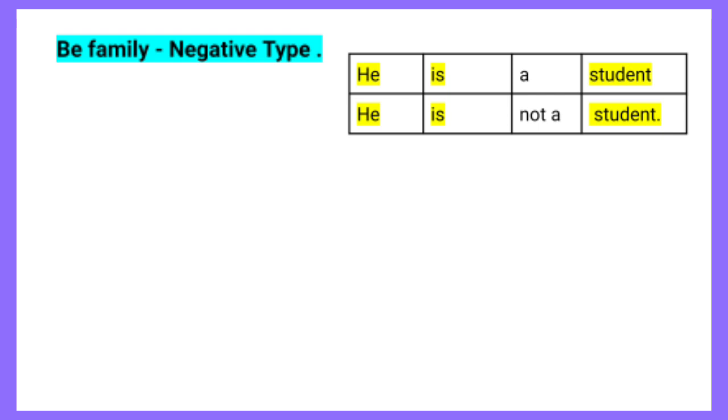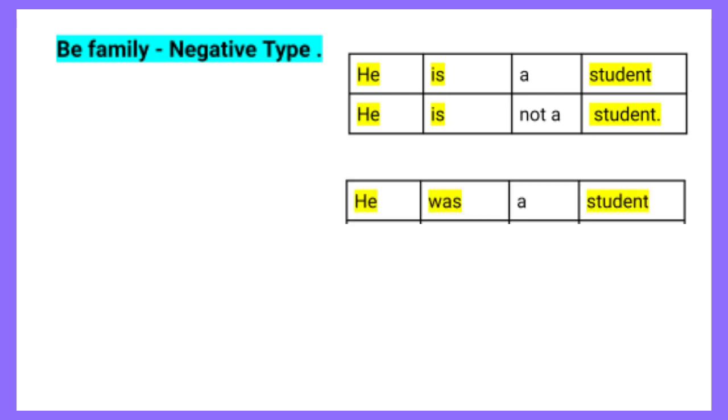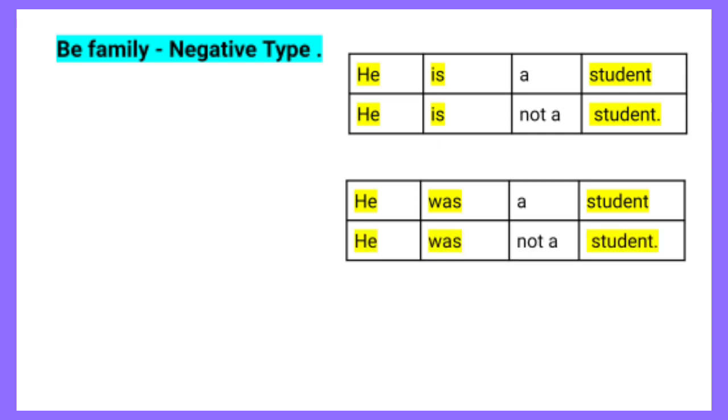Then let's see how the past form will be. He was a student. Can you tell me how to make it negative? Yes, very good. He was not a student.